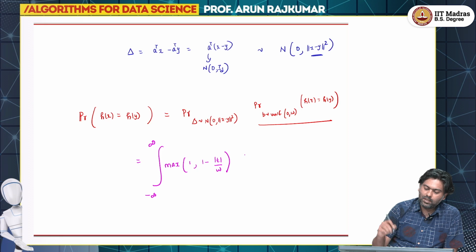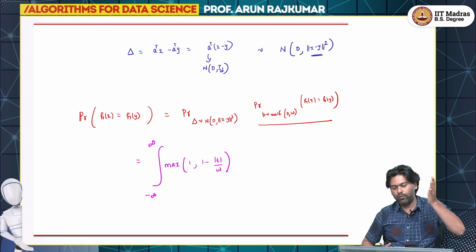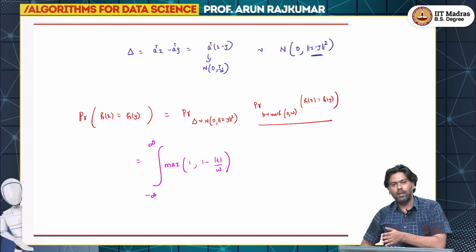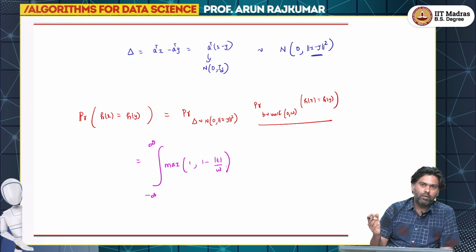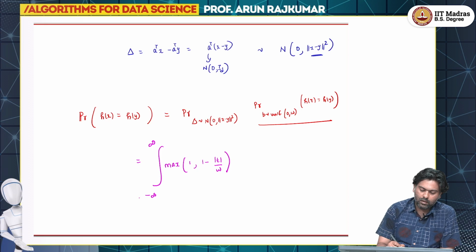But this is like probability of B given delta into probability of delta, right. And then I am integrating it over all values of delta, thinking of delta as t here. So, this is probability of h of x equals h of y given delta. Given a particular value of t, I then want the probability of t itself, which is just the density of t because it is a Gaussian.